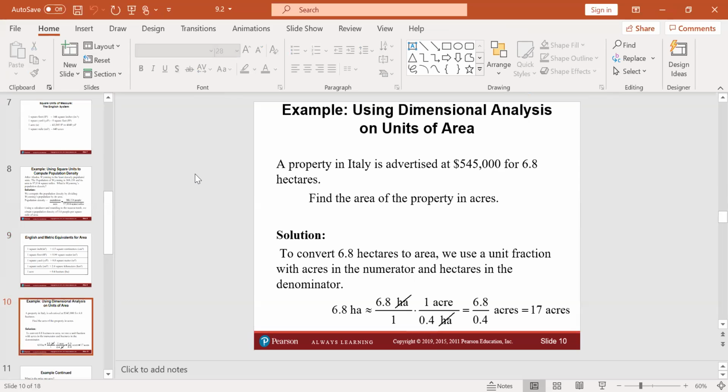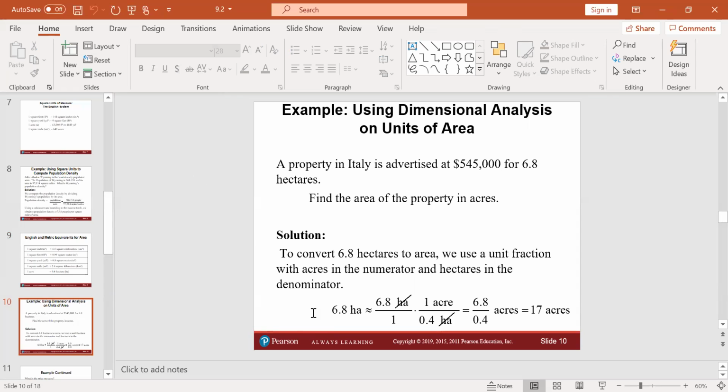So let's think. A property in Italy is advertised at $545,000 for 6.8 hectares. In this problem, it wants to know what's the area of the property in acres. Well, we don't exactly care about the price tag here, the $545,000. We're going to ignore that.